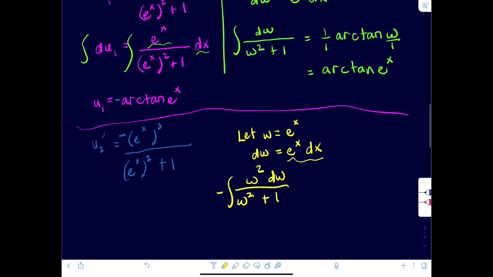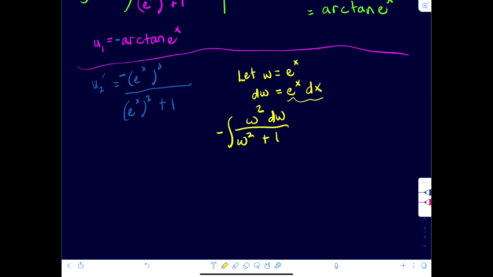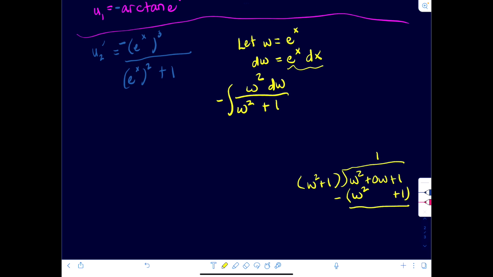Okay, so here we can do long division, right? So w squared plus 1 is the divisor. And then you've got w squared plus 0w plus 1. And we will get 1 times w squared plus 1. And that's going to give us a 0 remainder.